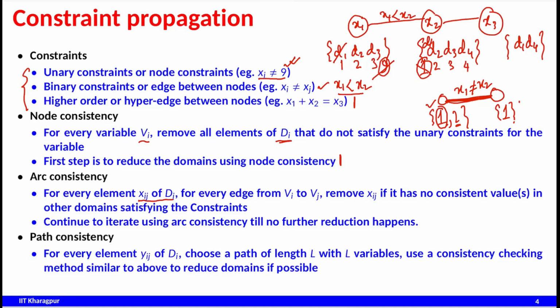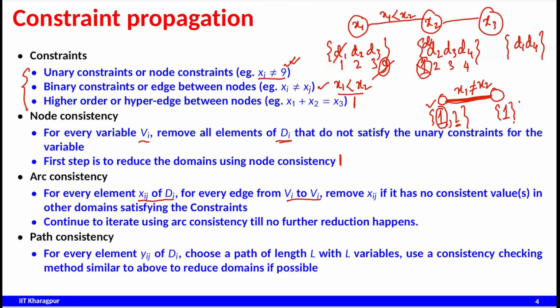For every element xij of di, for every edge from vi to vj, I can remove xij if it has no consistent value in the other domain satisfying the constraints.